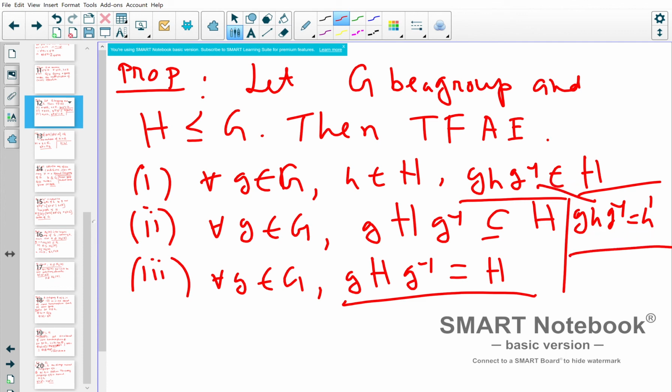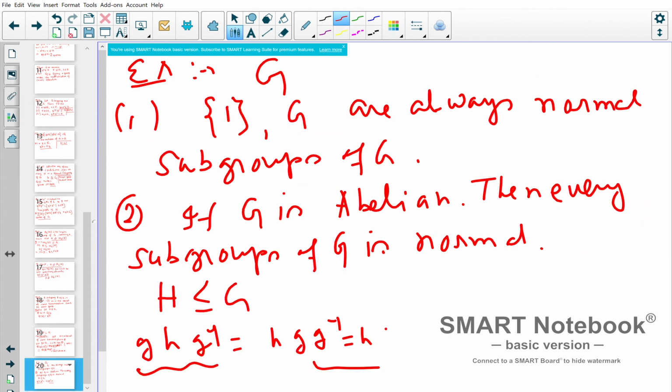This is the meaning of this. But you check that when G is abelian, then they are actually equal, g h g inverse is actually equal to h, right? So for abelian groups, every subgroup is a normal subgroup.